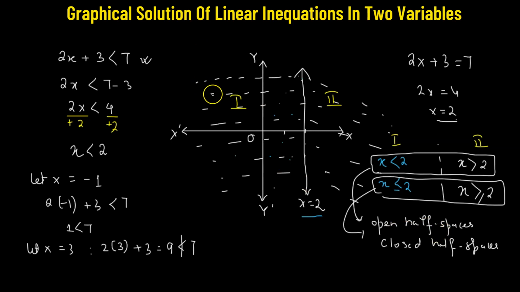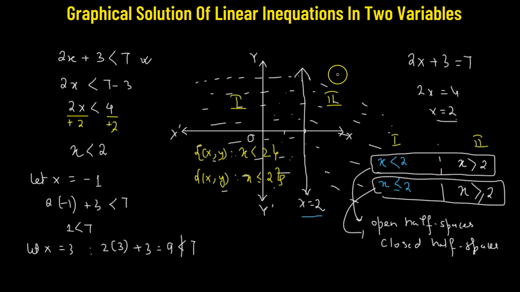So if we want to denote the region in set notation, then for region 1, we have to consider all the points x, y such that the value of x is less than 2. This is one case. Or we have to consider all the points x, y such that x lies to the left of x equals 2, including 2.